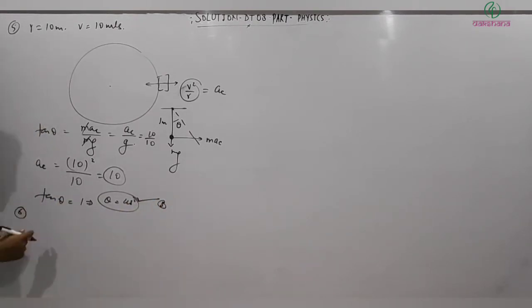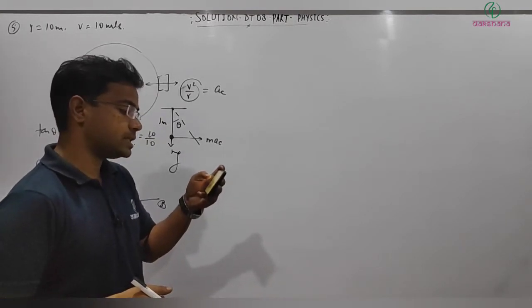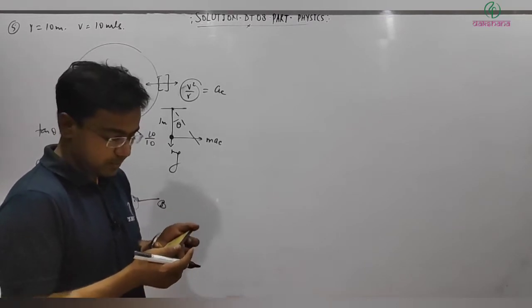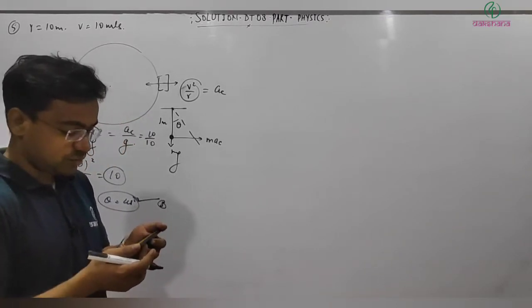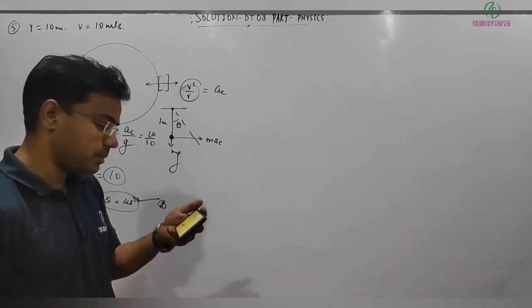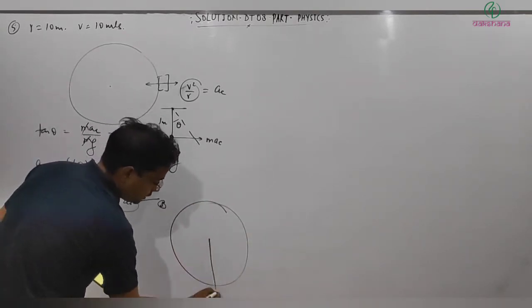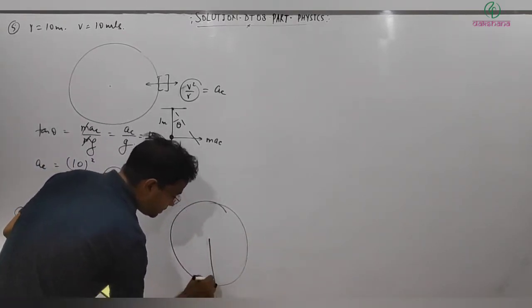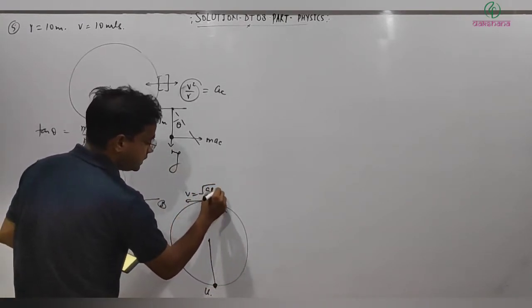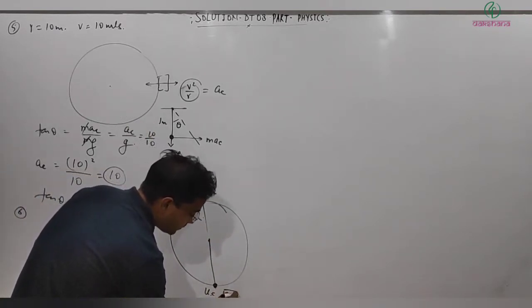Next question number 6. A body is moving in a vertical circle such that the velocity of the body at different points are critical. Okay, the ratio of velocity of the body at an angular displacement 60 degree and 120 degree from the lowest point. So first thing is, this body is moving in a vertical circle, and we know actually here critical speed u and here critical speed v, and v is equal to under root gl if l is the length of this string, u critical is under root 5gl.